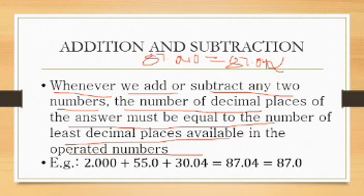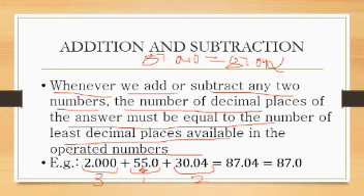In this example, in the first one there are three decimal places. In the second one there is one decimal place. In the last one there are two decimal places. The least decimal places are with the second number. So we have to arrange the result according to the second number.